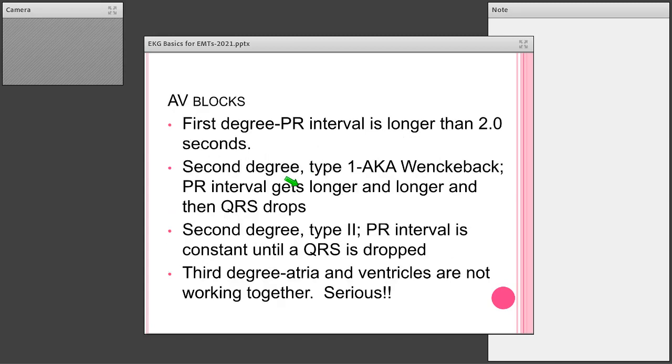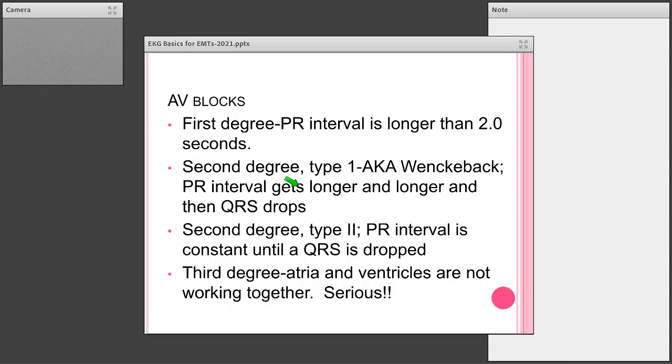Alrighty, talking about some atrioventricular blocks. When we're looking at that PR interval, this is where we are essentially looking for heart blocks. Remember that PR interval should be 3 to 5 small boxes, or 0.12 to 0.2 seconds.